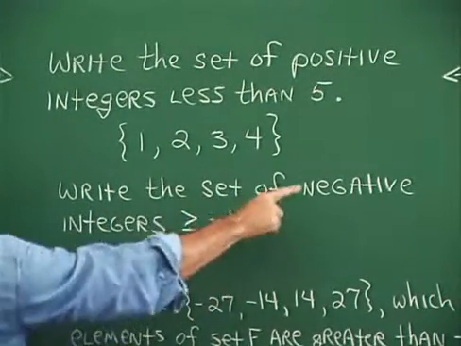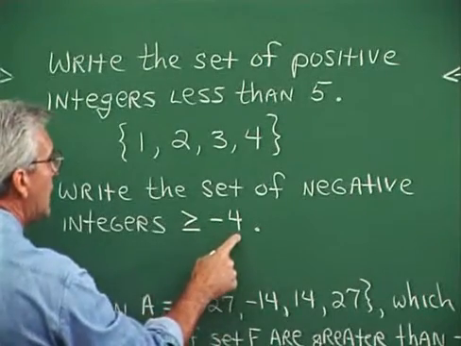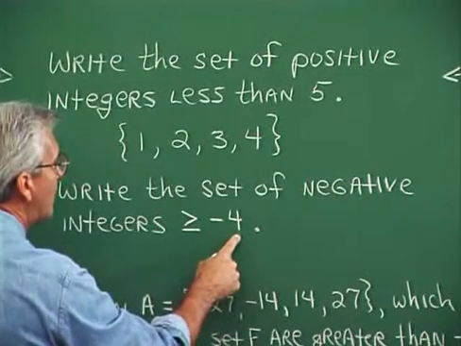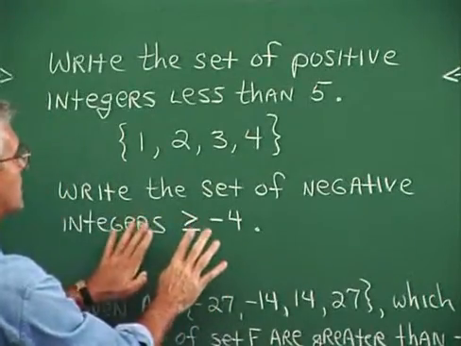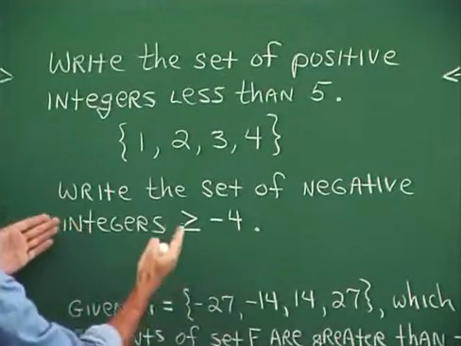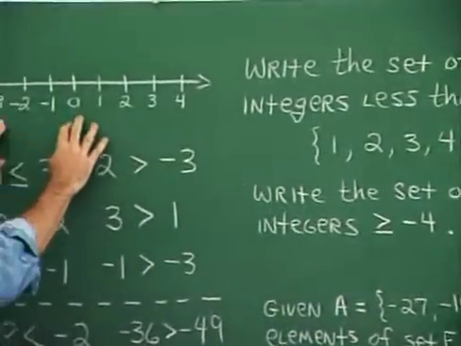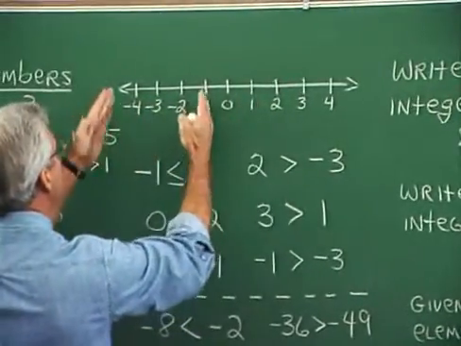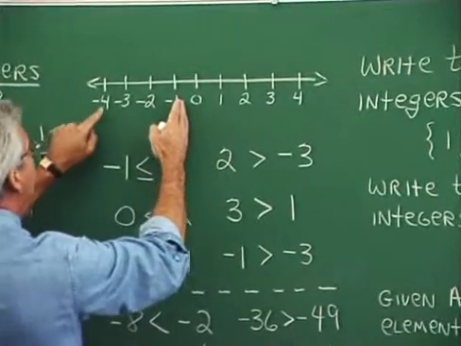How about the set of negative integers greater than or equal to negative 4? Greater than or equal to negative 4. Now, to help with this process, sometimes if there's any confusion whatsoever, then either imagine or draw a number line. So we want the set of negative integers, we're over here now, greater than or equal to negative 4.